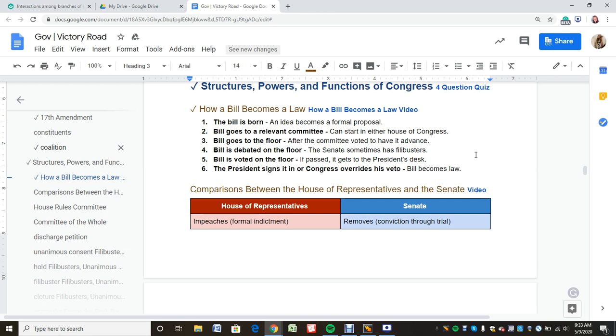Now we're going to take a leap back and pretend that we're starting in the Senate. We start this process all over. Say a senator introduces a bill. Then it goes to the relevant committee, and if it's approved by the committee, it goes to the floor. That might sound easier than the House of Representatives, but it's not, because the Senate is almost all the time famous for its filibusters.